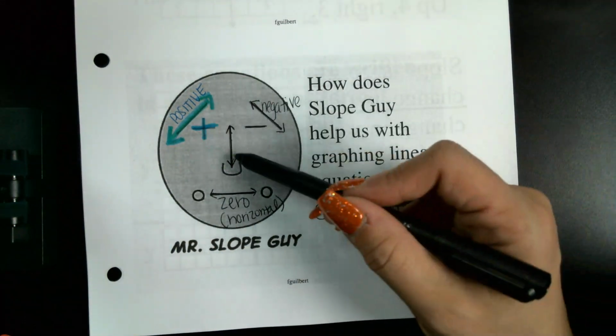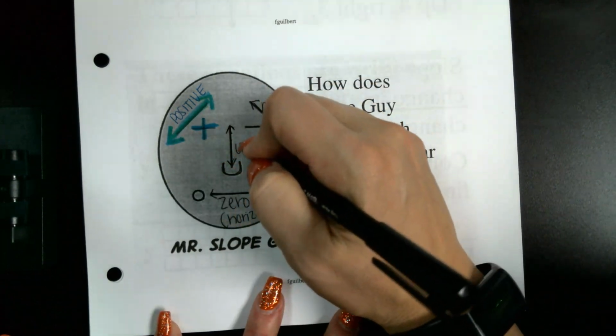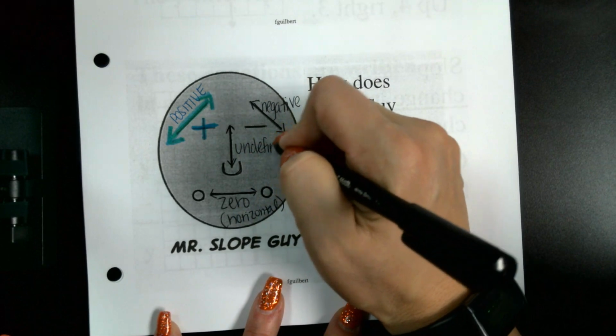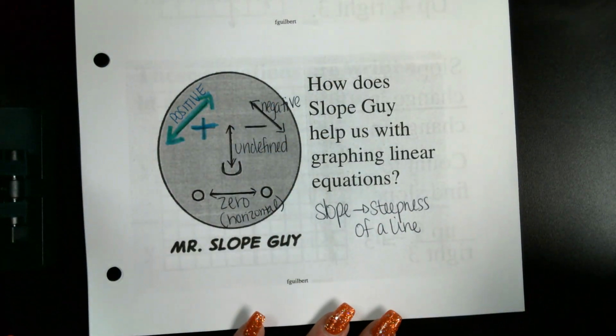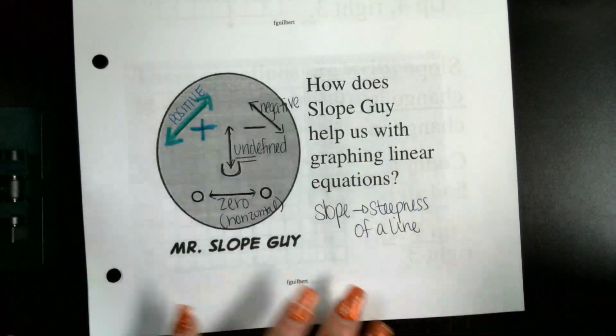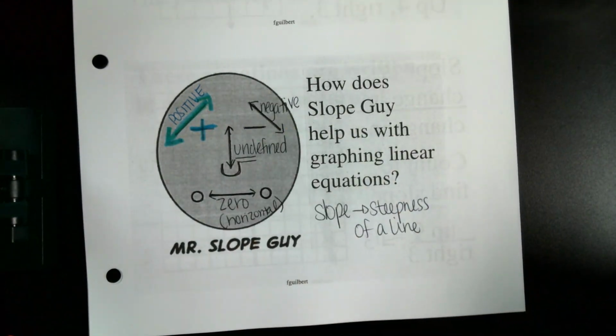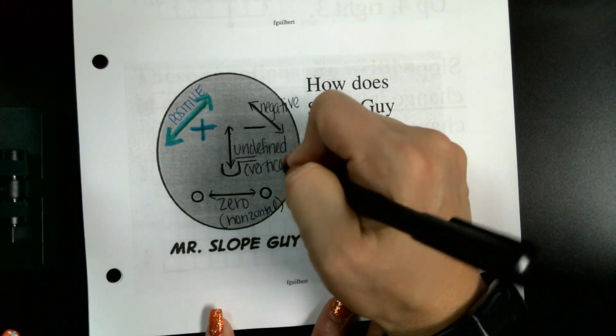So when you have a vertical line, this is a U, which stands for undefined. UNDEFINED. And I will usually abbreviate it as just UND. So if I ask you the slope of any vertical line, you guys should always respond with undefined.